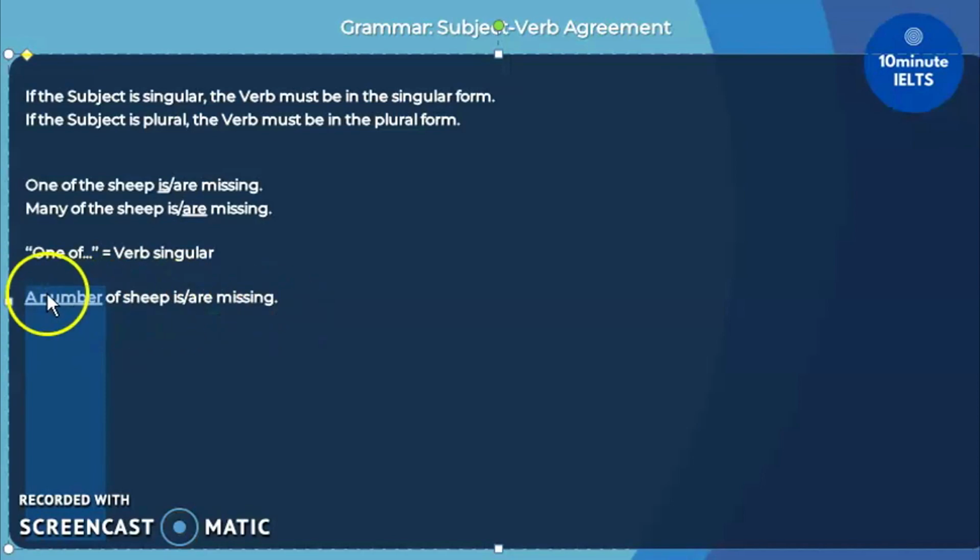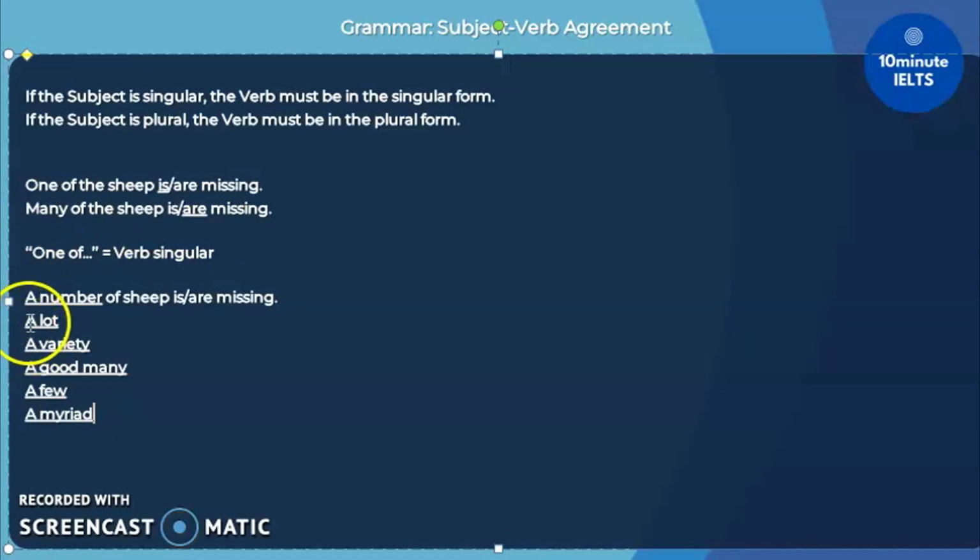When we talk about a number, this is a paraphrase for a lot, a variety, a good amount, or let's say a few, or let's just say myriad, etc., etc.